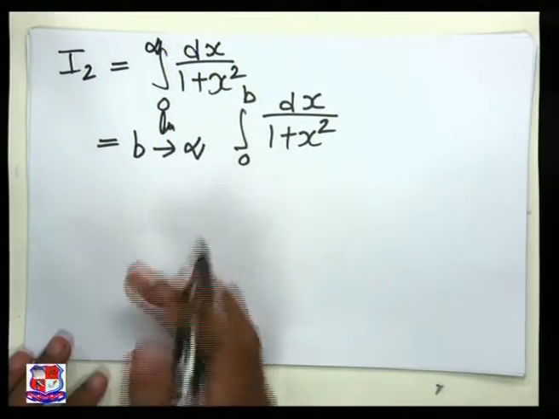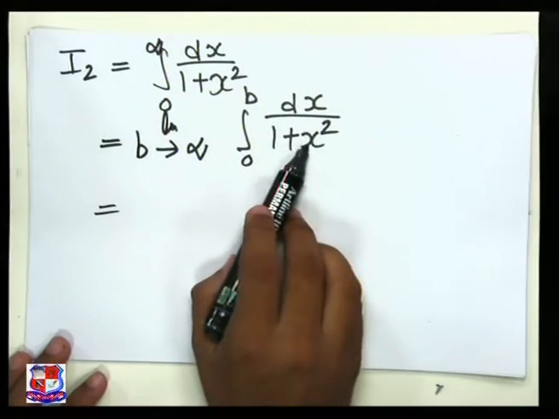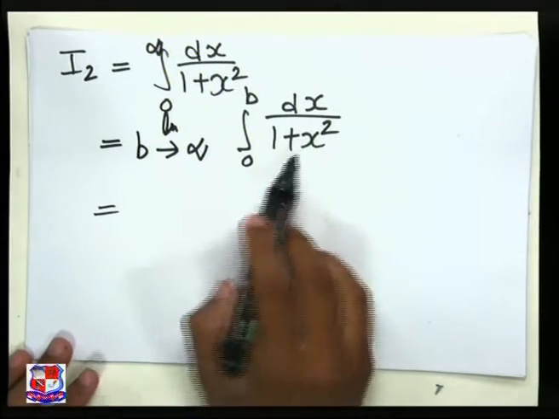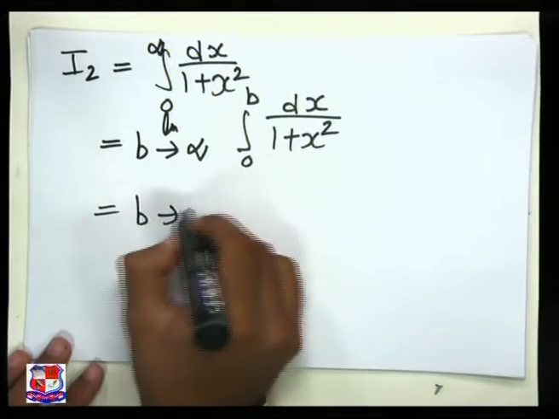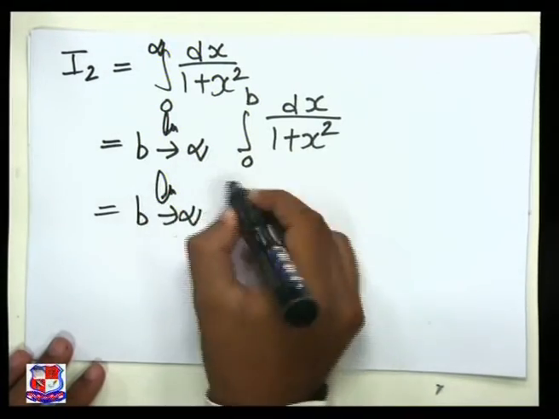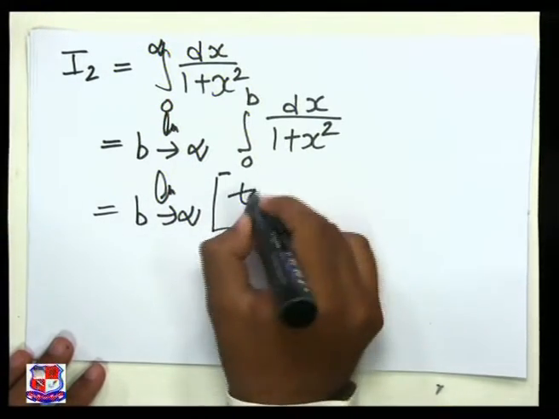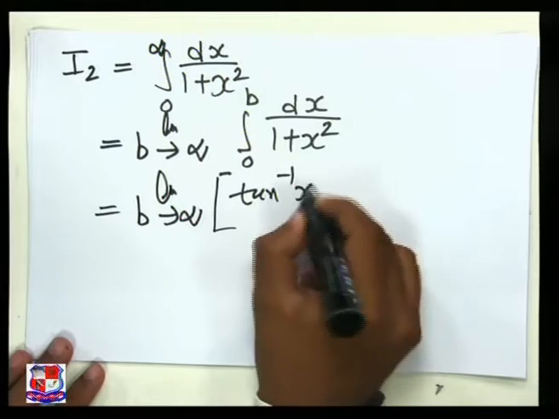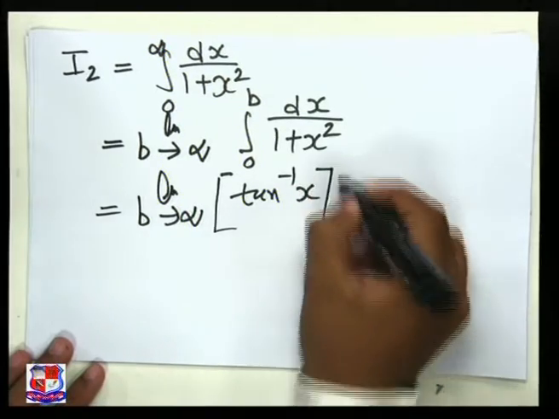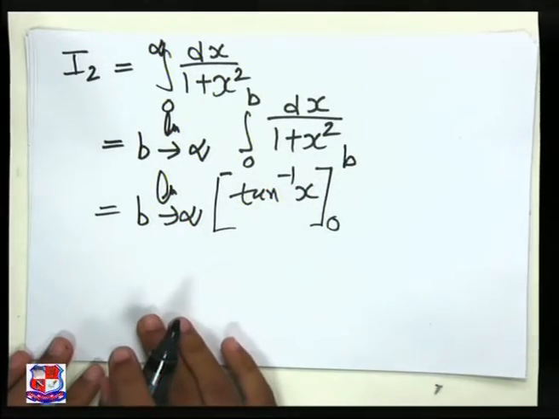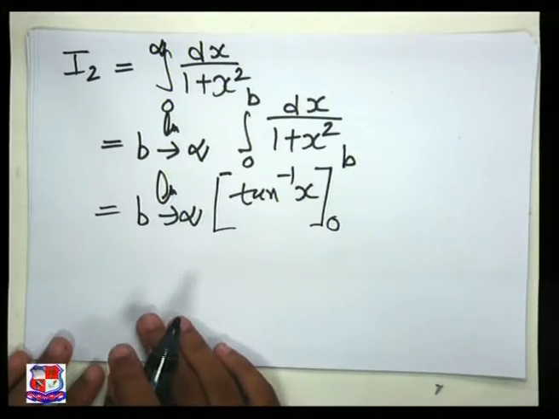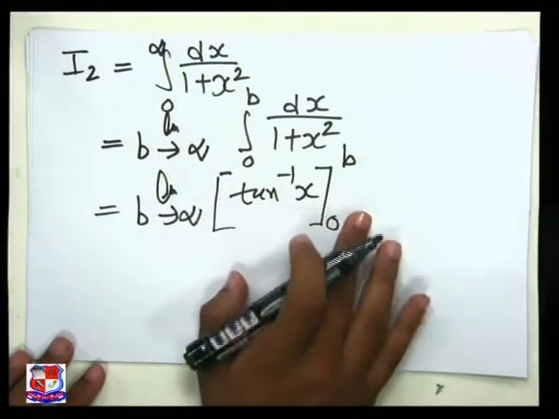Now again the integration of this term is tan inverse x. So as b tends to infinity, tan inverse x from 0 to b.